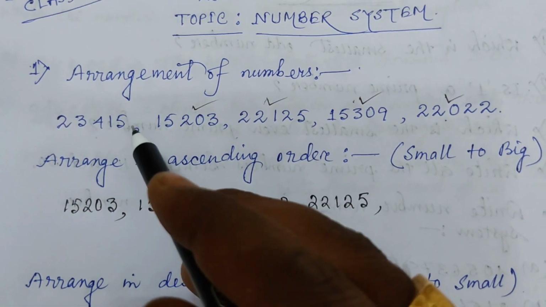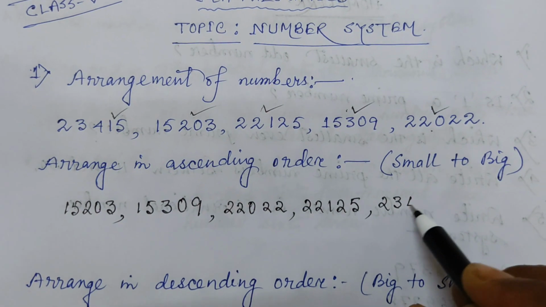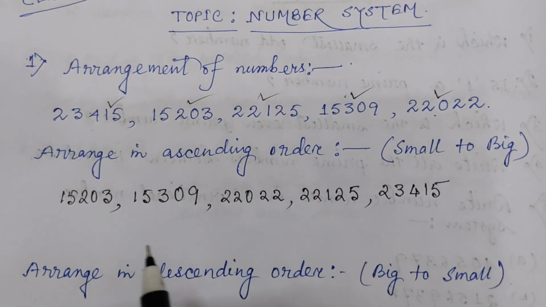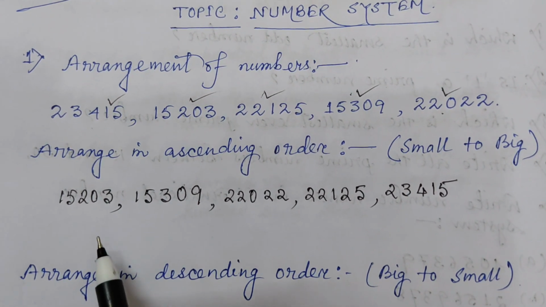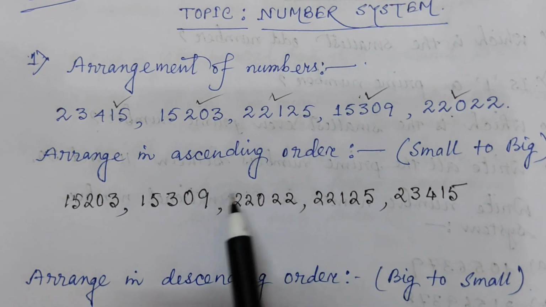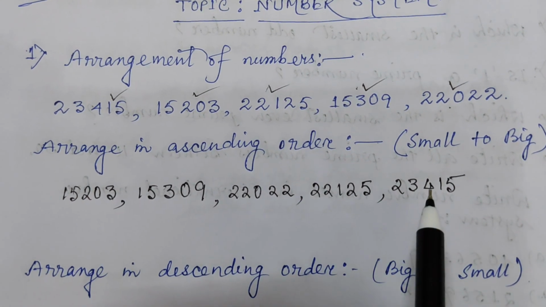Then 23,415. So now you can see the numbers are arranged in ascending order, that is from small to big.